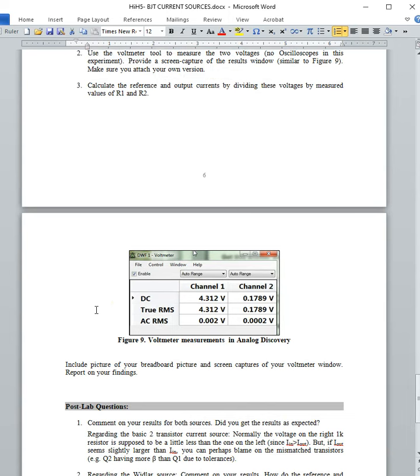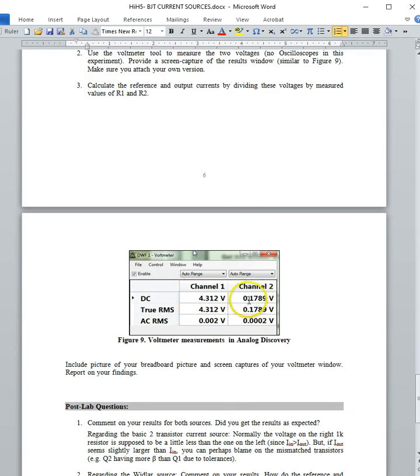What you get with the Analog Discovery is this simple window, and I would read this as 4.3 milliamps and this one as 0.1789 milliamps. Since we're measuring voltage, I just simply divided by 1K, and that's my current readings right there.